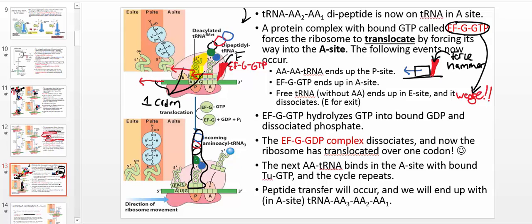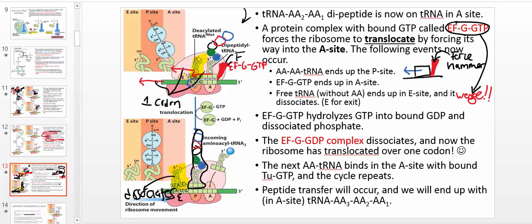If everything migrates over one codon, that's going to end up in the E site. This is the E site. And when something ends up in the E site, we just say it dissociates. Also the mRNA moves over one codon. So this AUG that's right here, let me do this in blue.